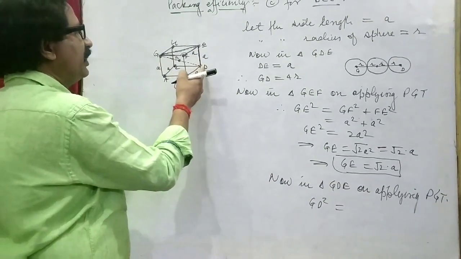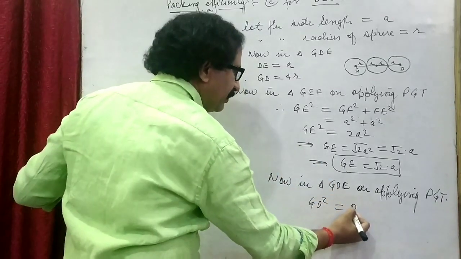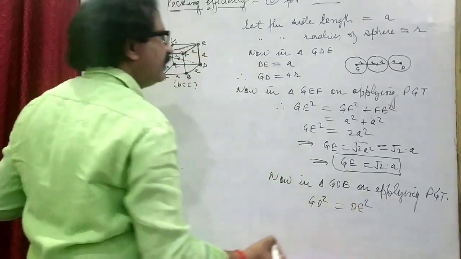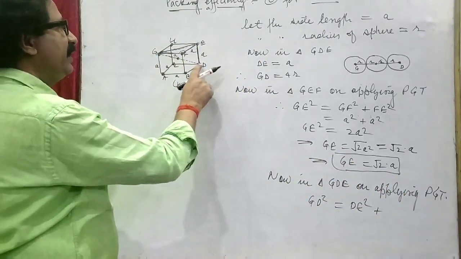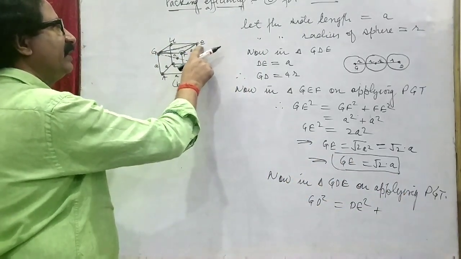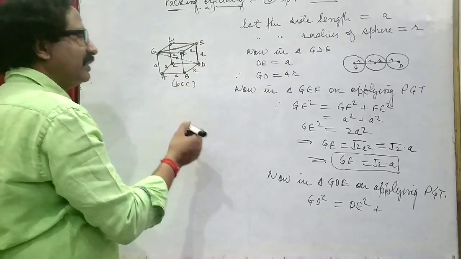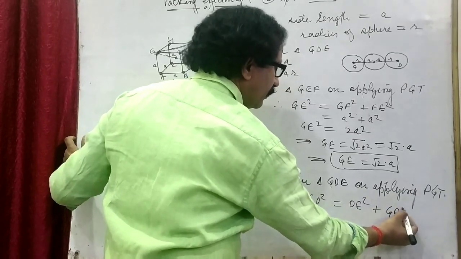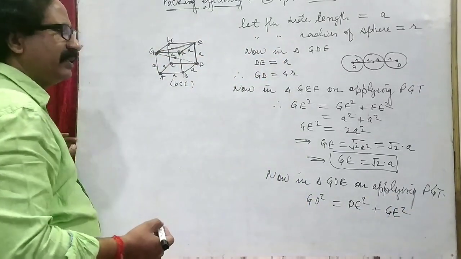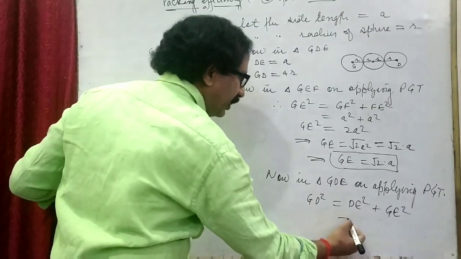Means GD square is equal to DE square plus GE square. Apply the value here.